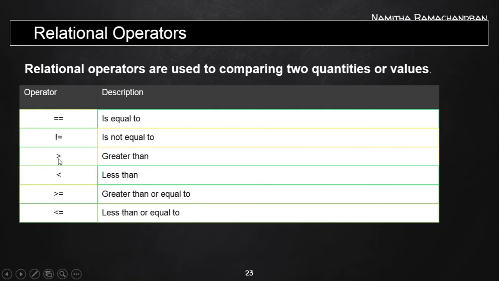This one is used for checking if one quantity is greater than the other, and this one is used to check if one quantity is less than the other. This is for checking if a quantity is greater than or equal to the second one, and this one is used for checking if the quantity is less than or equal to the other. We can consider program examples after discussing the conditional control statements and looping statements. So these are the relational operators available in C language.